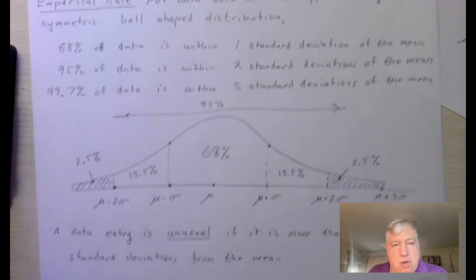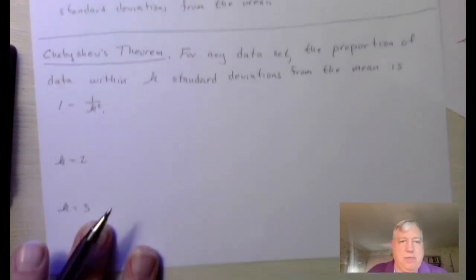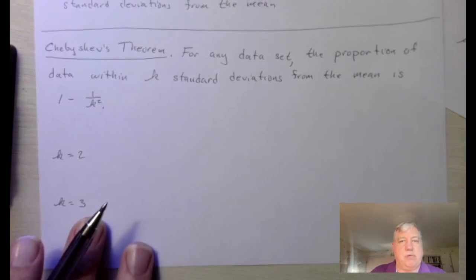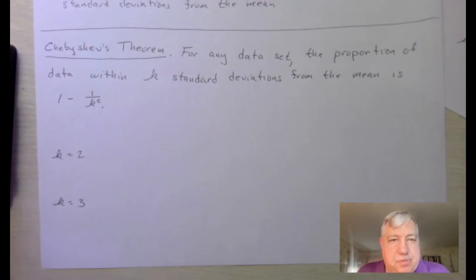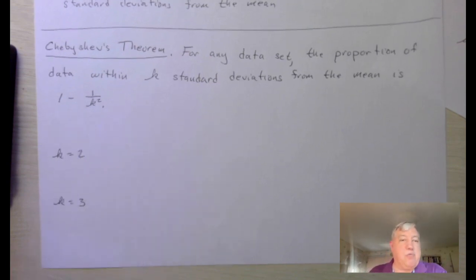Now another way we can talk about distributions is Chebyshev's theorem. The main thing here is that it doesn't matter what the distribution looks like. It doesn't have to be symmetric or bell-shaped. It says for any data set, the proportion of data within k standard deviations from the mean is given by 1 minus 1 over k squared.